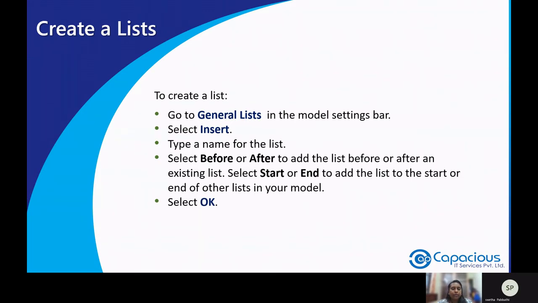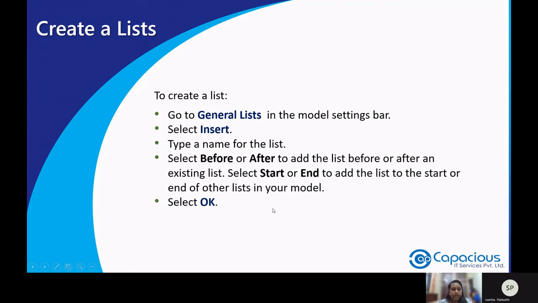If we want it at the start or at the end, those options are available in General Lists while adding list names. After creating the list, we select OK, and it will be created.